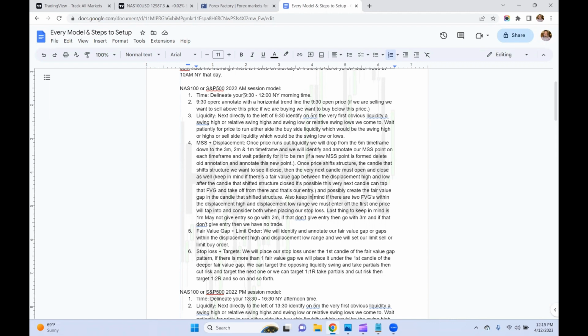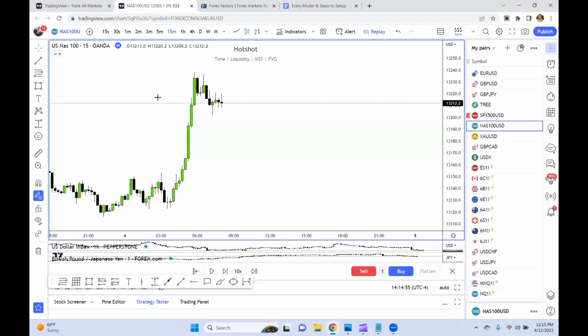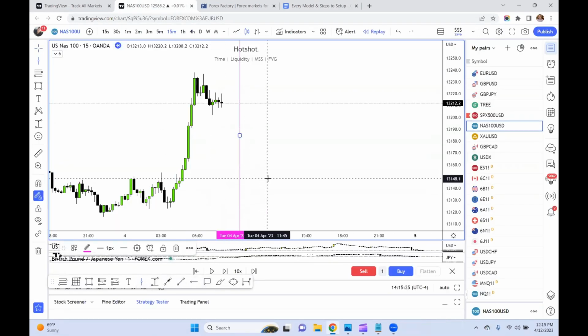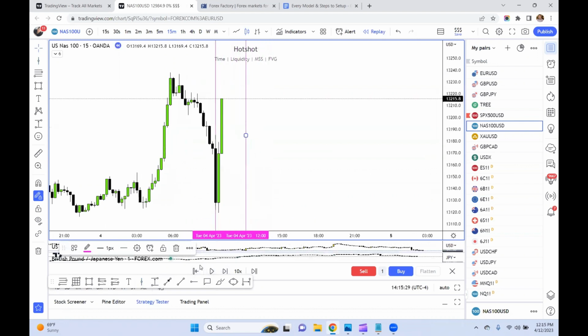So you could do the 8:30 as well as the 9:30. In this one, I'm actually going to do the 9:30. Since I have it written here, I'm going to stick to the rules and everything that I have based here. So 9:30 to 12 is what you want to delineate. Okay, so let's delineate the 9:30, which is right here, to 12. Perfect. And we're going to play price out to that point.